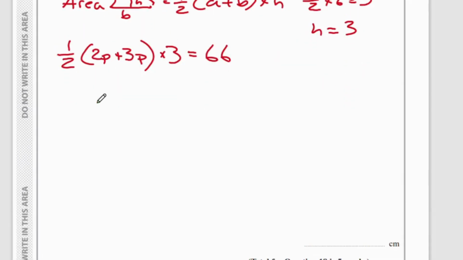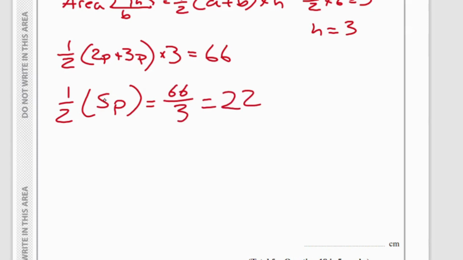So, we just got to rearrange this, find P, and then we can find the value, okay? So, let's have a look. Half of 2P plus 3P is 5P. It's going to equal 66 divided by 3, which is going to equal 22. We're moving this multiplied by 3, and we're getting rid of it by dividing by 3 on this side, and then dividing by 3 on this side.